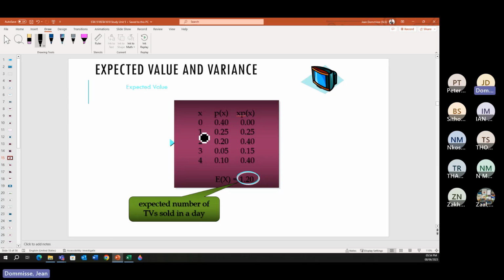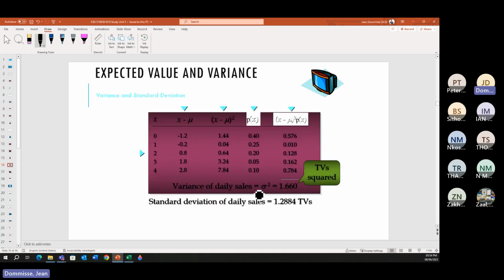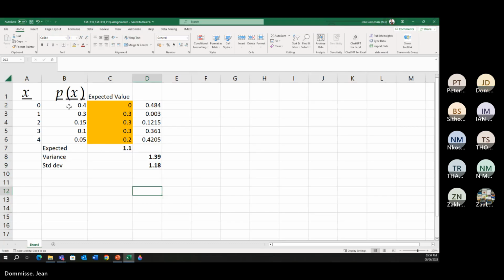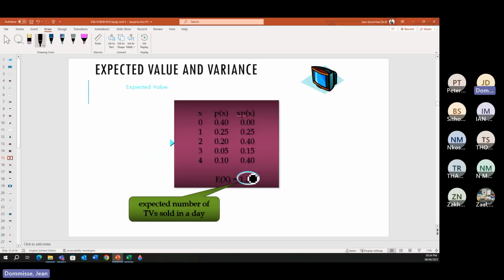So it's an expected value of 1.2, and then if you work it out, 1.66. So let's just change the data to what it was in that example. Okay, so expected value was 1.2. So again, you can just check this. I'll share the presentation as well.